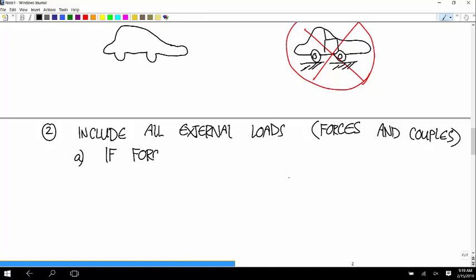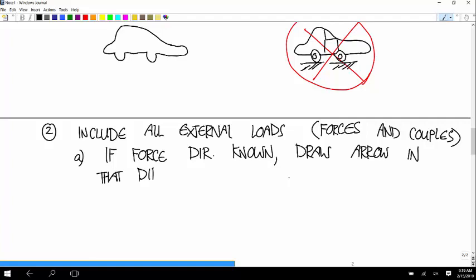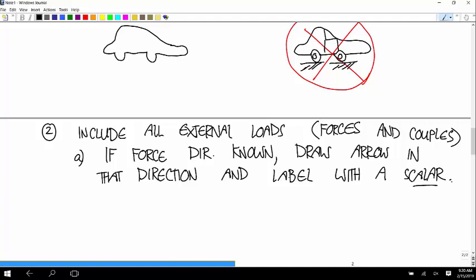If the force direction is known, draw an arrow in that direction and label it with a scalar. Forces are always vectors. Forces always have both a magnitude and a direction.